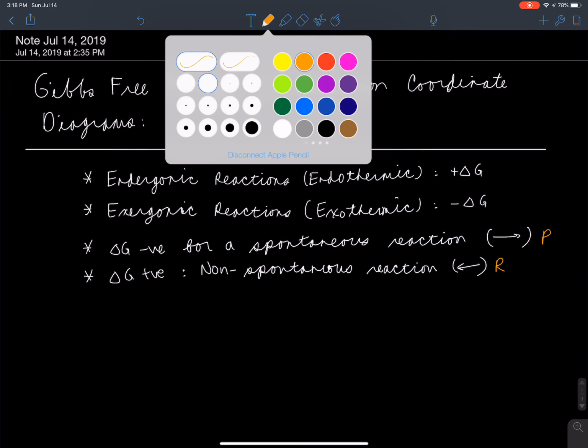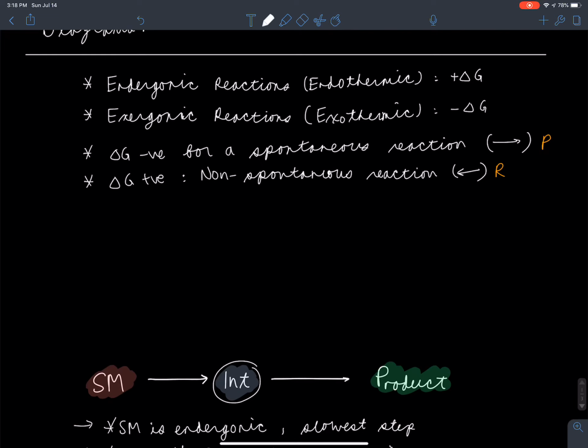Okay, let's talk a little bit about K values as well. You might see K equilibrium from your general chemistry, and all you have to know is that when it's less than 1, the reaction is non-spontaneous.